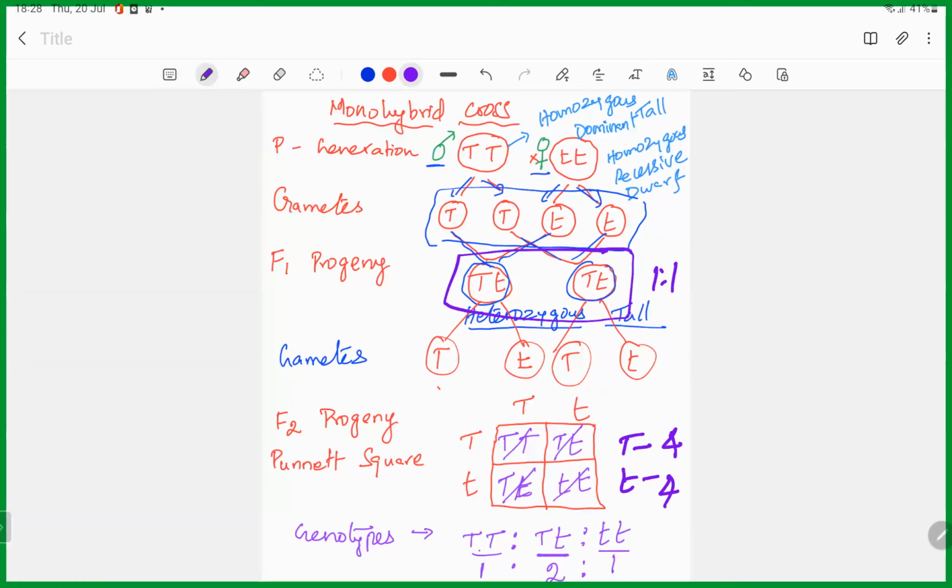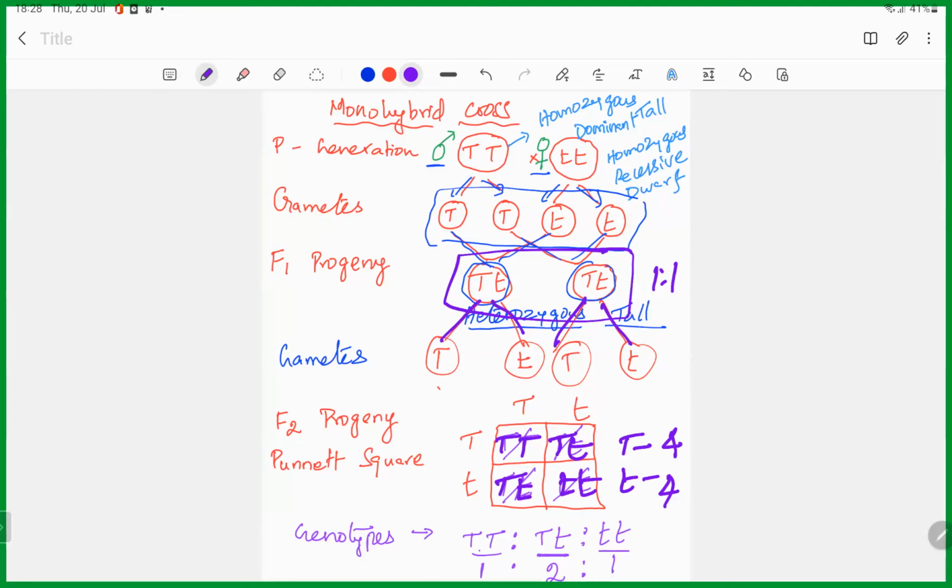You just check. Capital T: 1, 2, 3, 4. And small t: 1, 2, 3, 4. Means, whether it is a dominant gene or recessive gene, look at that, they segregate equally and are inherited to the next generation.